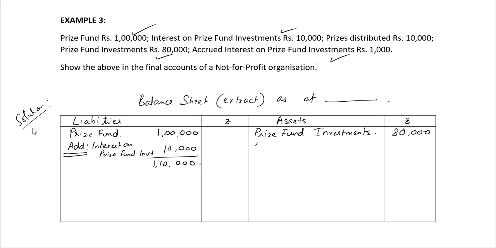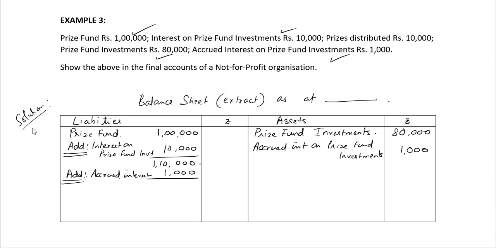So since it's an asset, I'll write it on the asset side of the balance sheet. Accrued interest on price fund investments, rupees 1,000. And I will also add the accrued interest to the price fund. Add accrued interest, 1,000 rupees. So now the balance of the price fund is 1,11,000 rupees.